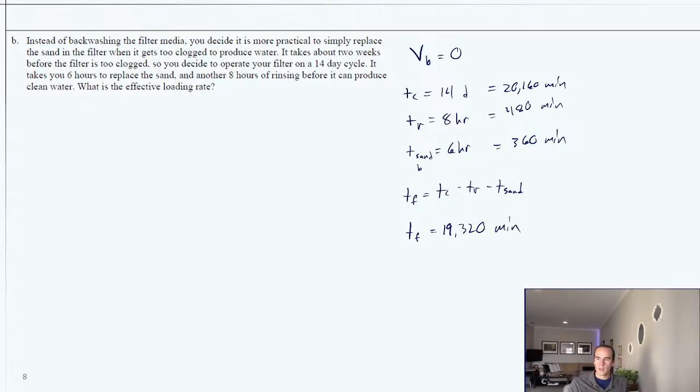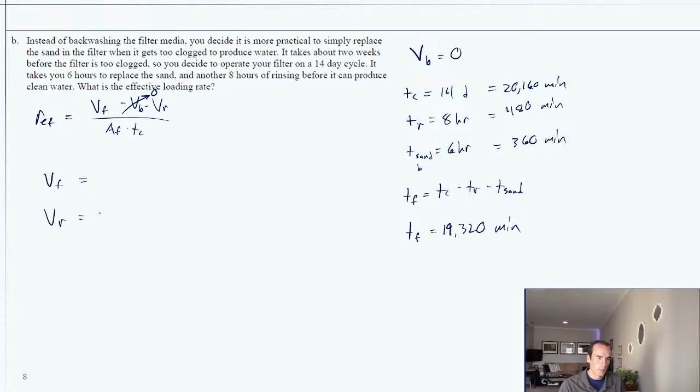Okay, we need all of that so that we can get the volumes produced in each scenario so that we can solve for the loading rate, which is given, so the effective loading rate is given as V filtered minus VB minus VR all over the area of the filter times the total cycle time. We know this goes to 0, and so really we need to find, we have the area of the filter, we now know the cycle time, and we just simply need the VF and the VR.